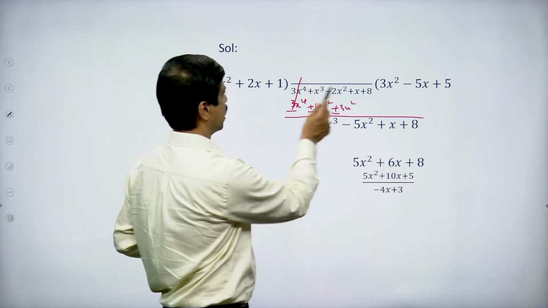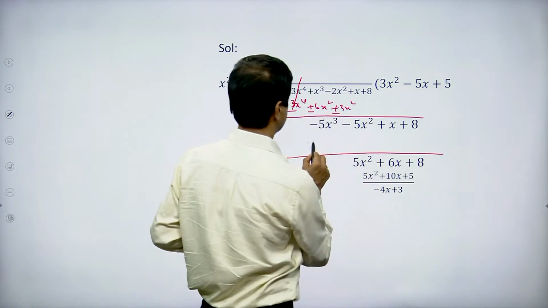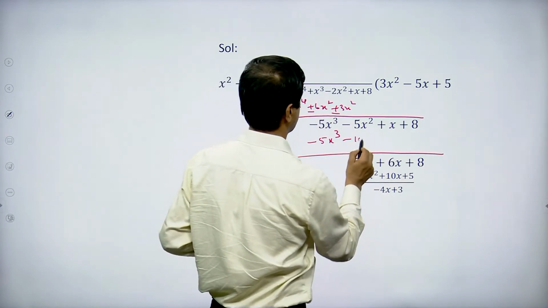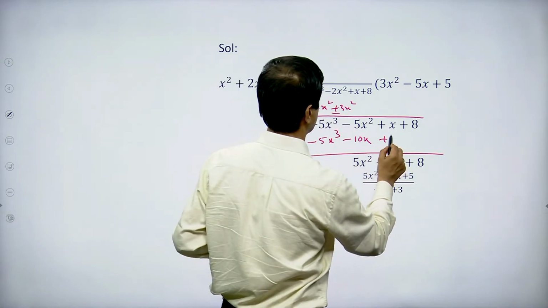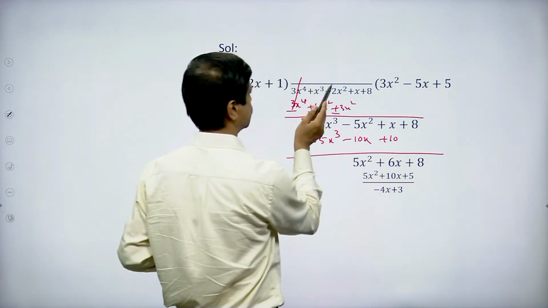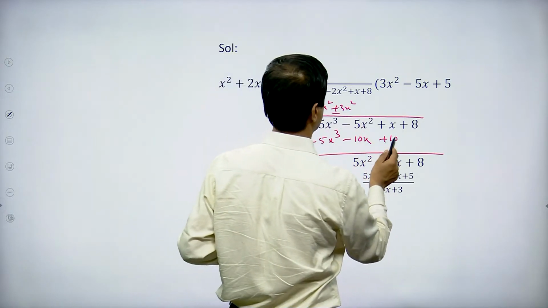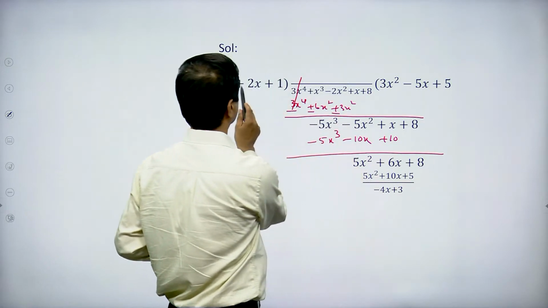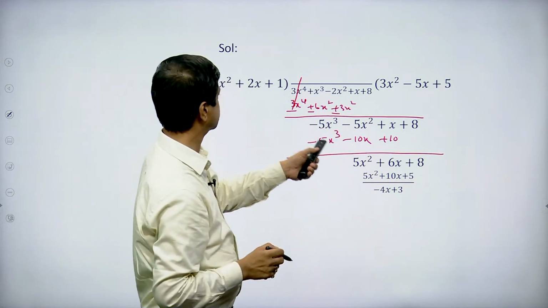Now x square into minus 5x is minus 5x cube. So look at this, minus 5x cube. 2x into minus 5x is minus 10x square. 2x into 5 is plus 10x.